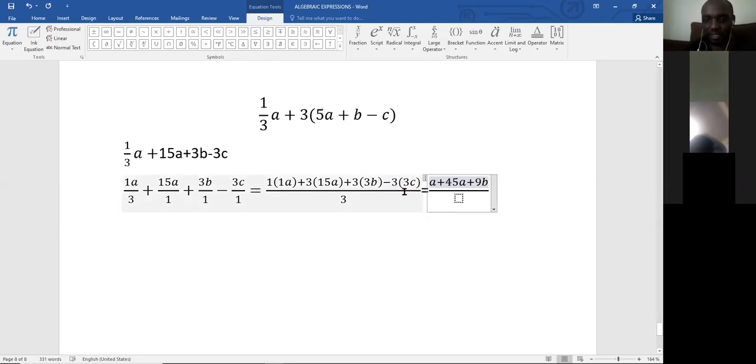Now negative 3 times 3c is negative 9c. All over 3.